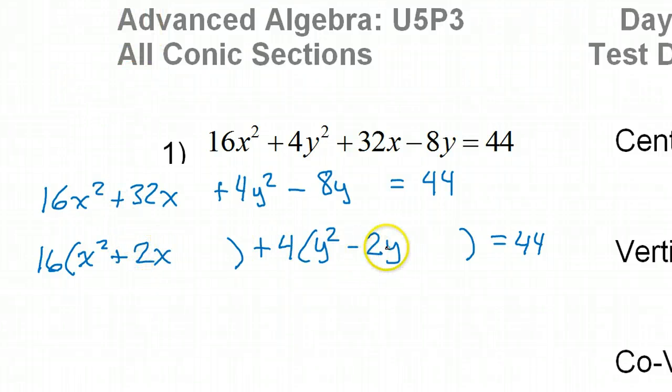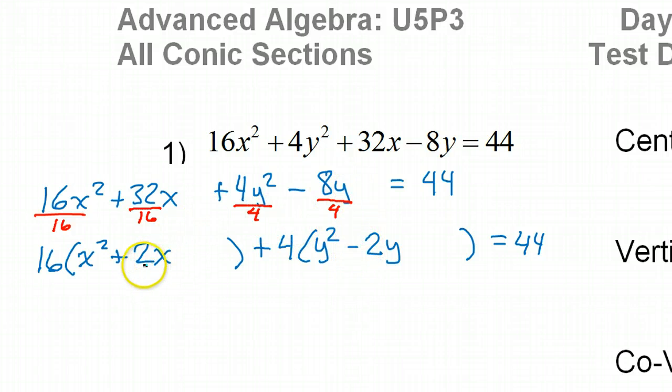Now, if you have any trouble understanding what goes on the inside, think of it as dividing by the number that you're factoring out. So I'm dividing by 16. Of course, those would cancel out and leave x squared. 32 divided by 16 is 2. And here I'm pulling out a 4, so you could think of it as dividing by 4. Negative 8 divided by 4 is negative 2.